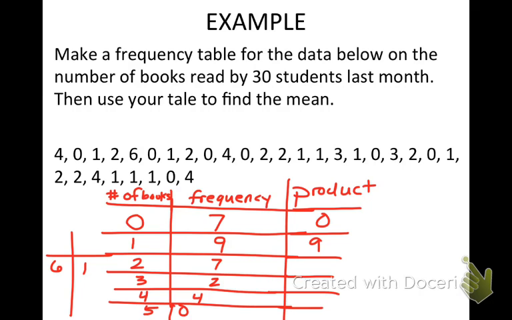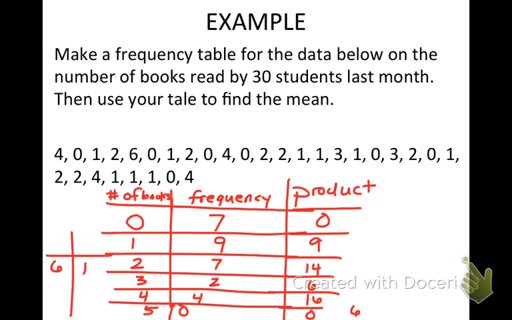If I had 7 2s, what would that add up to? 14. If I had 2 3s, that would add up to 6. 4 4s would add up to 16. 0 5s would be 0, and 1 6 would be 6. Hopefully you guys have that all the way down.